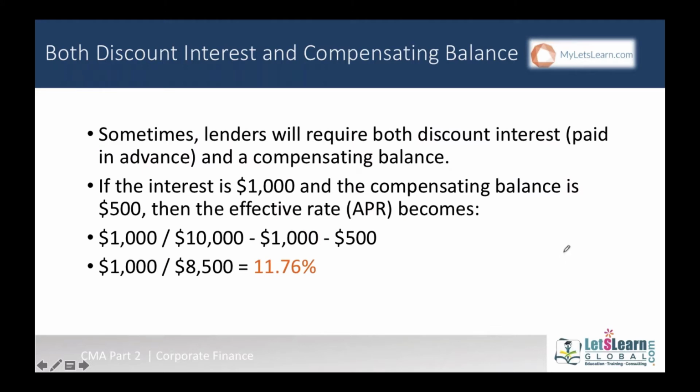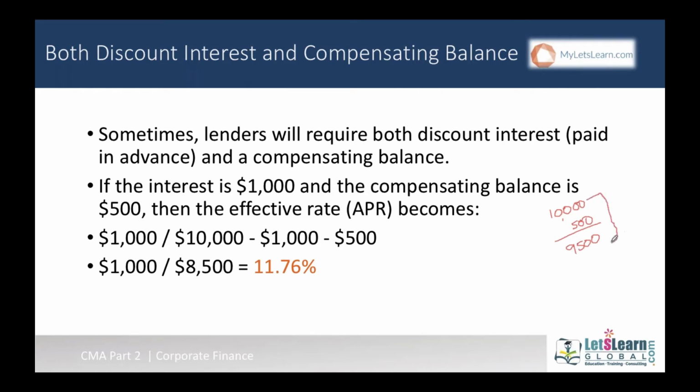And suppose the compensating balance with a discounted loan are the terms of the financial institution. So what I mean is 10,000 is the loan amount. 500 is a compensating balance that is deducted. So the net amount received is going to be 9,500.